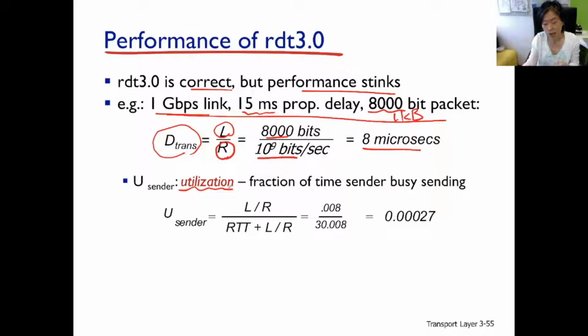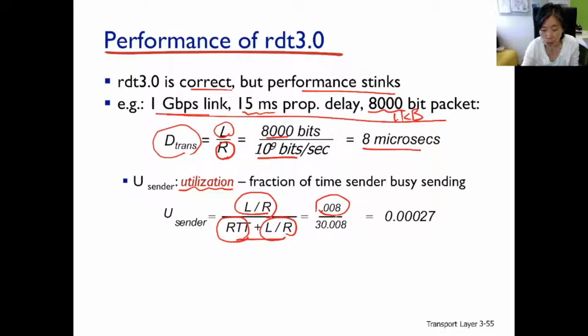In each cycle, it uses this much time to transmit actual bits, plus the round trip wait for the entire cycle. So this is 0.008 milliseconds for sending the packet, and then the wait. Here I'm ignoring the ACK packet transmission time because the ACK packet is usually very small.